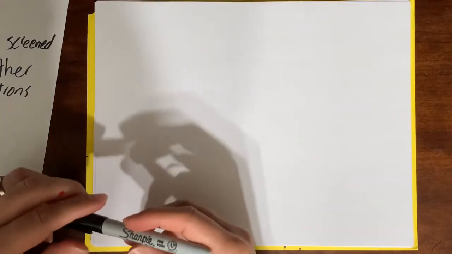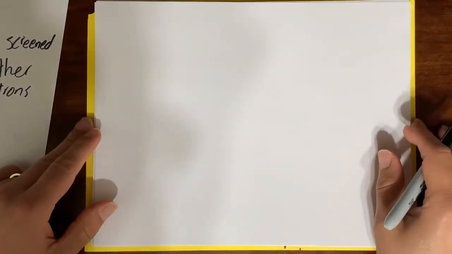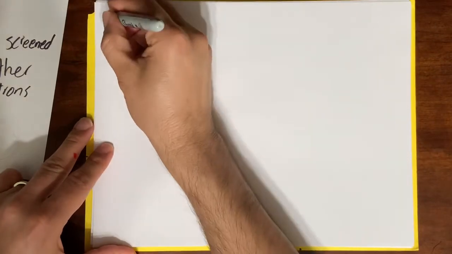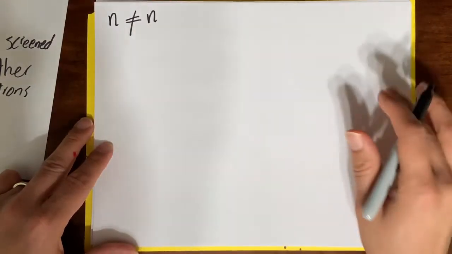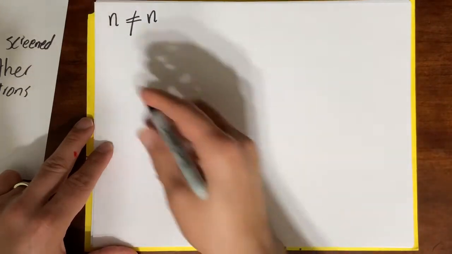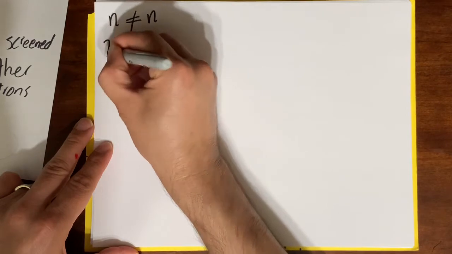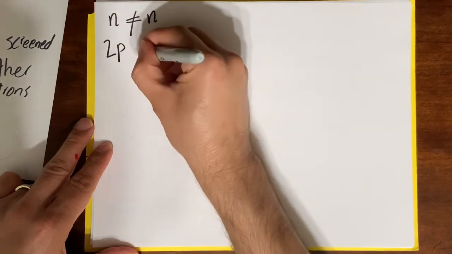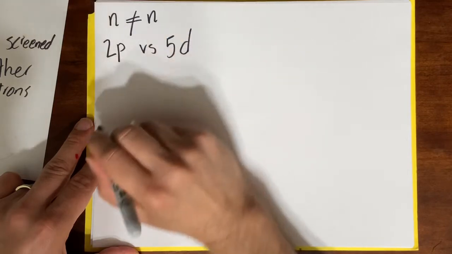Okay, so let's review whatever I said till now. If we are dealing with different n, okay, n's are not the same, like 2p versus 5d.